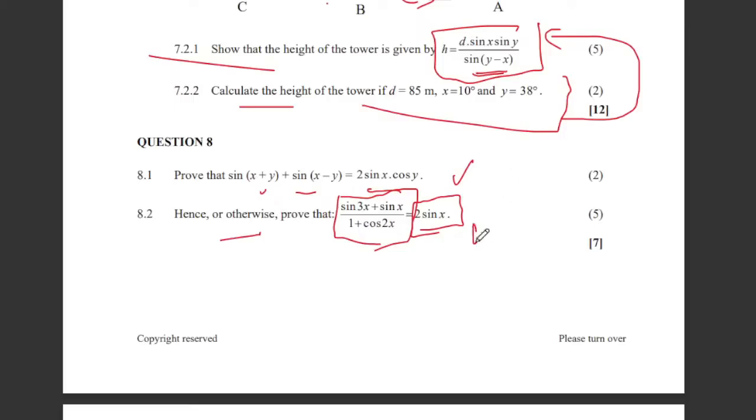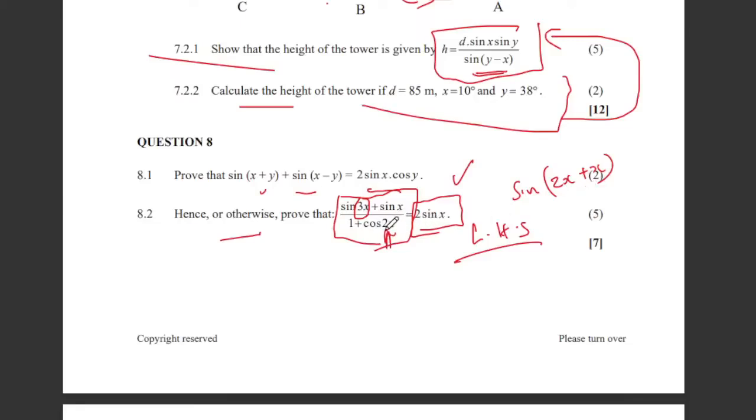So in this case, the left-hand side would be the best, okay? With the left-hand side, we're seeing a 3x. Expand that 3x, okay? This 3x can be written as x and then 2x. Try to expand the compound angle of that. And then this is a cos 2x.